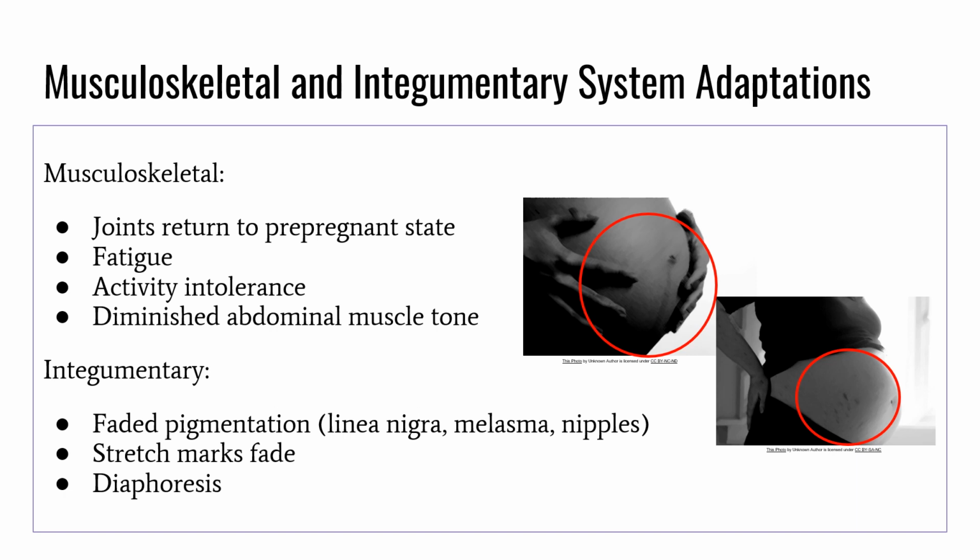Stretch marks fade to silvery lines. They do not disappear completely, despite those creams out on the market. Lastly, diaphoresis is common for about a week postpartum. It is a mechanism to reduce the amount of fluids retained during pregnancy and restore that pre-pregnant body fluid level.